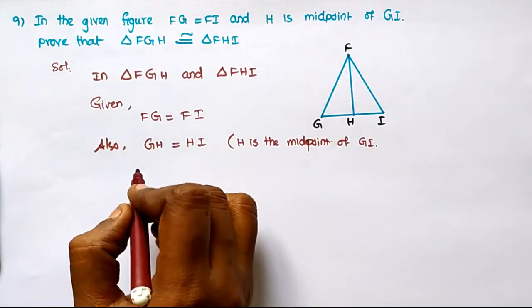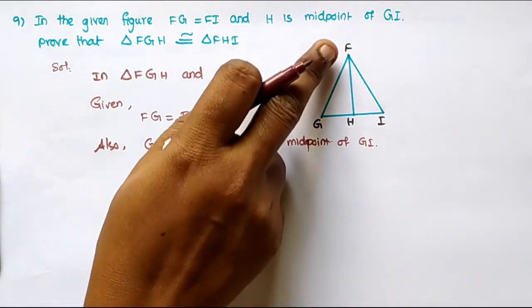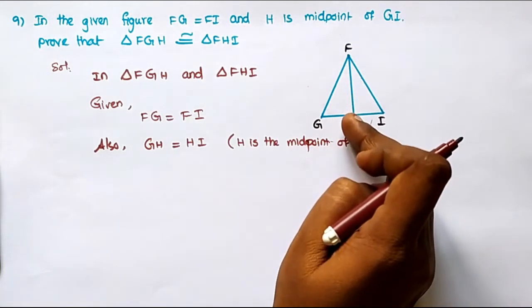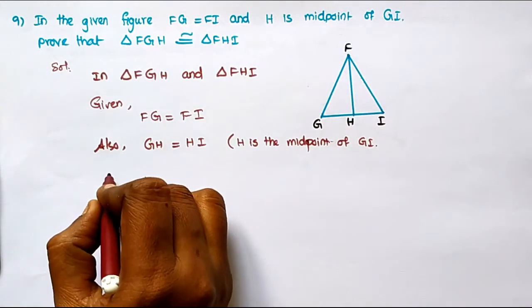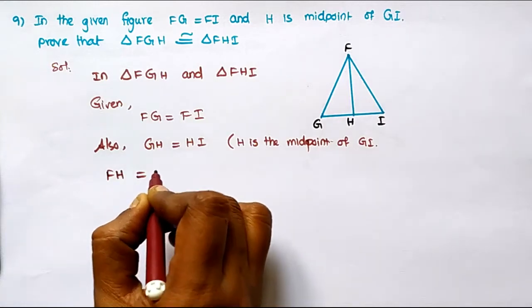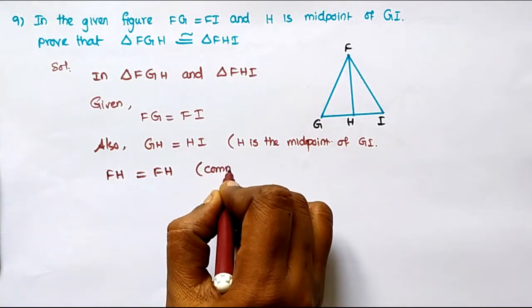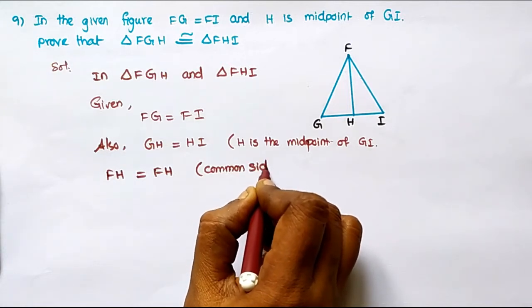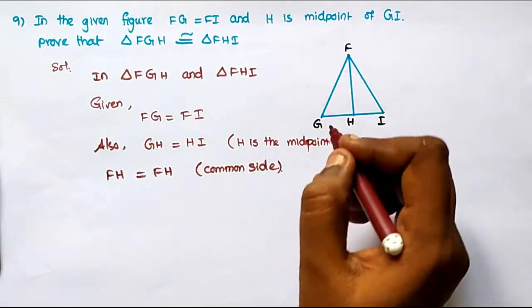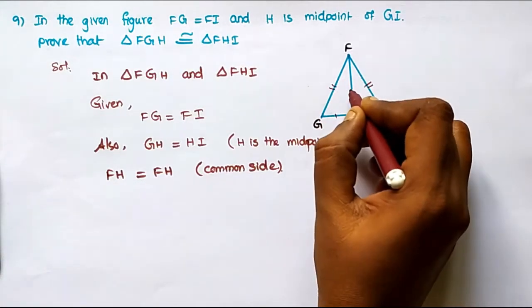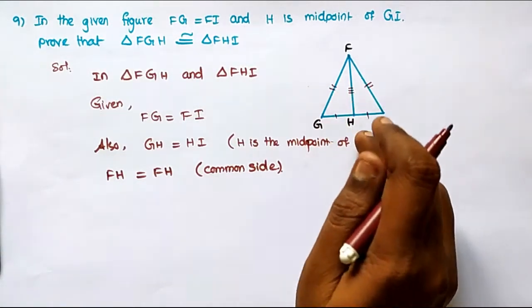Next one. In the two triangles, FH is the common side. So FH equal to FH, common side. Listen, here also equal, here also equal, and this one also equal.